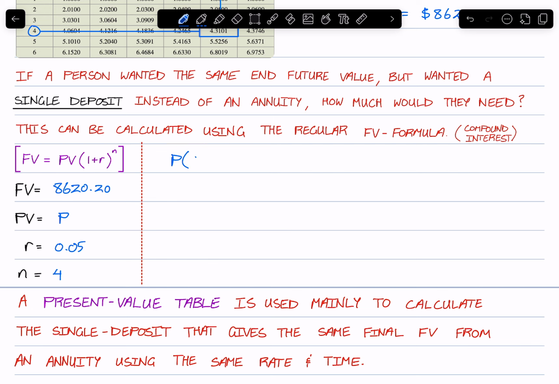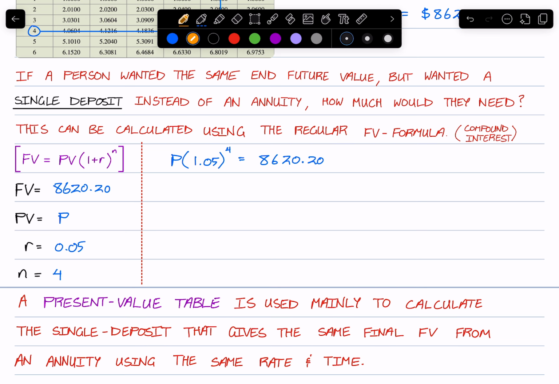P bracket 1 plus R, which is 0.05, so 1.05 to the power of 4 will give us this future value of 8620.20. Now we can find P, that single deposit, by dividing both sides by that number here.